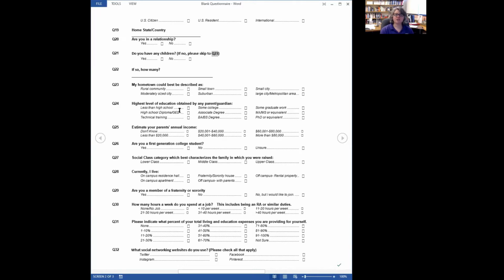The rest of these questions are just sort of select the box questions: social class, educational attainment, are you a first-generation college student, how many hours a week do you work, how many of your educational living expenses are you providing yourself as opposed to being provided by your parents or guardians.